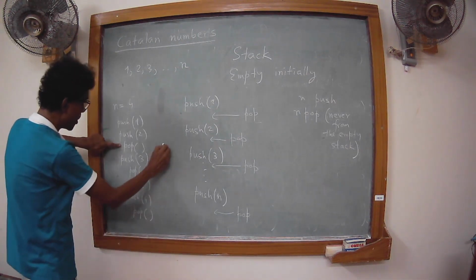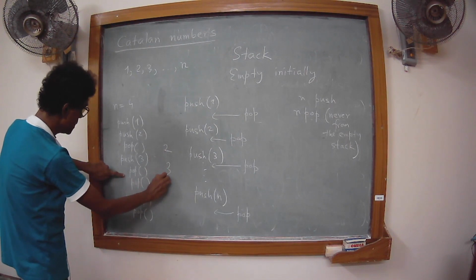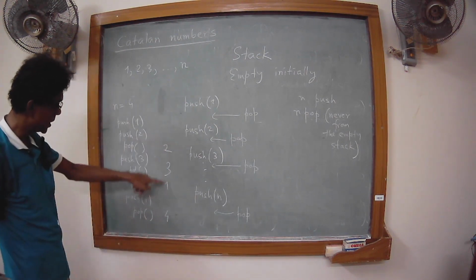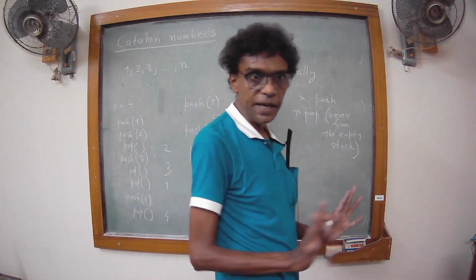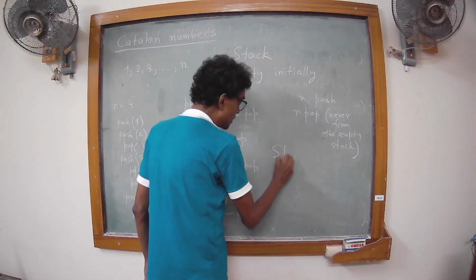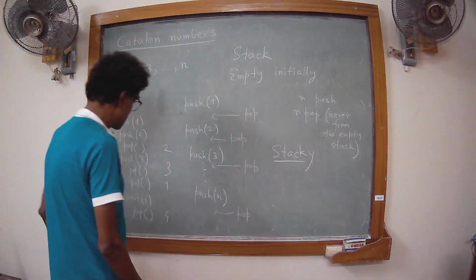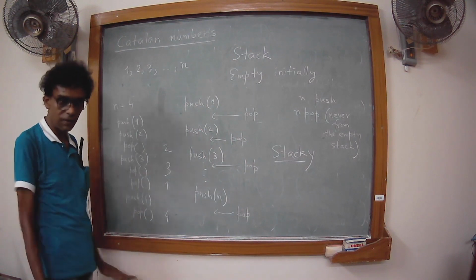So the first thing popped is 2, the next one popped is 3, then 1, finally 4. Whatever sequence you get by following these rules, let us call it stacky. So 2, 3, 1, 4 is a stacky sequence.